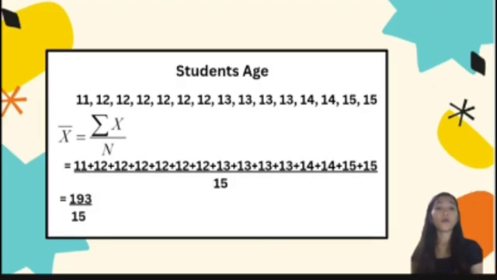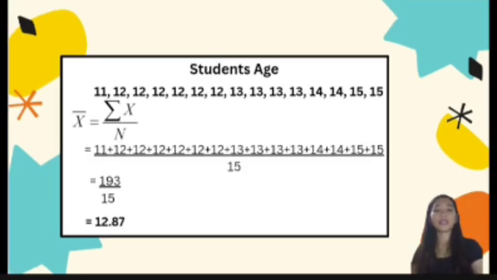It equals 193 over 15, and 193 divided by 15 is equal to 12.87. So 12.87 is our mean or our average.